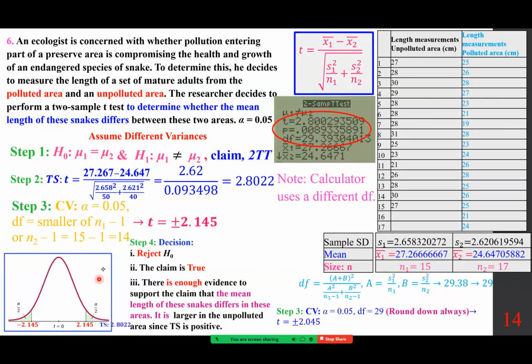And the p-value is 0.009, which is clearly less than alpha of 0.05. We get the same decision, reject H0, because the critical values were fairly close. We ended up with the same result by hand versus technology.